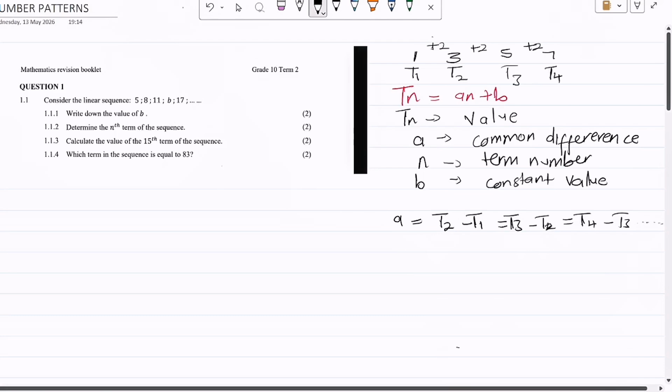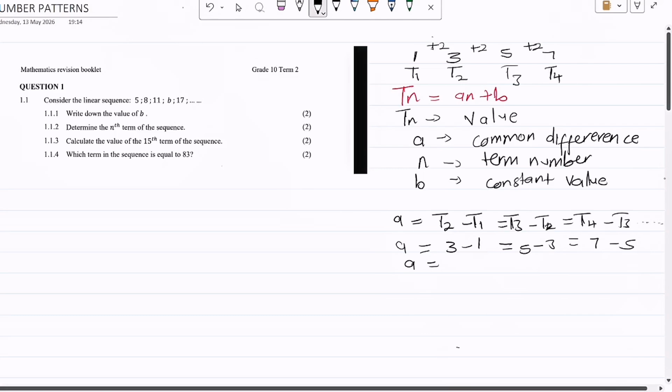So a is 3 minus 1, which is equal to 5 minus 3, which is equal to 7 minus 5. We find that we're having a 2 here.